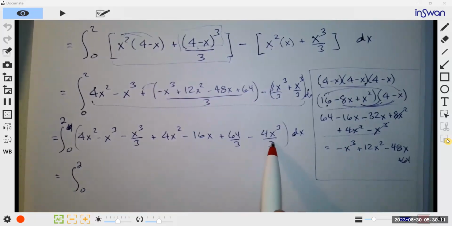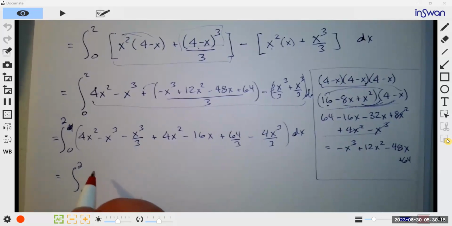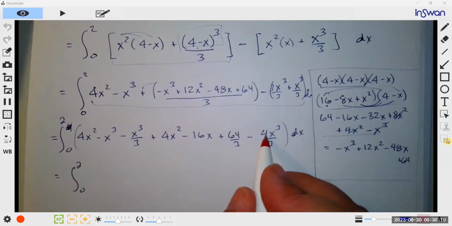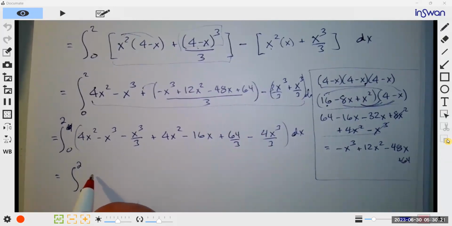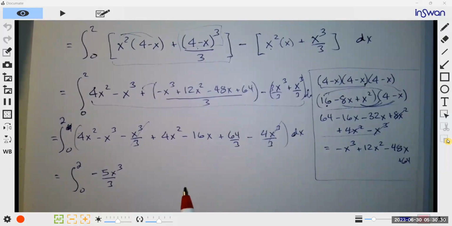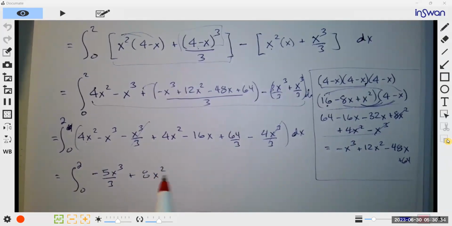So we have the highest exponent here is x cubed. So it's -1, -4, -5x cubed over 3. 4x squared for us is plus 8x squared.